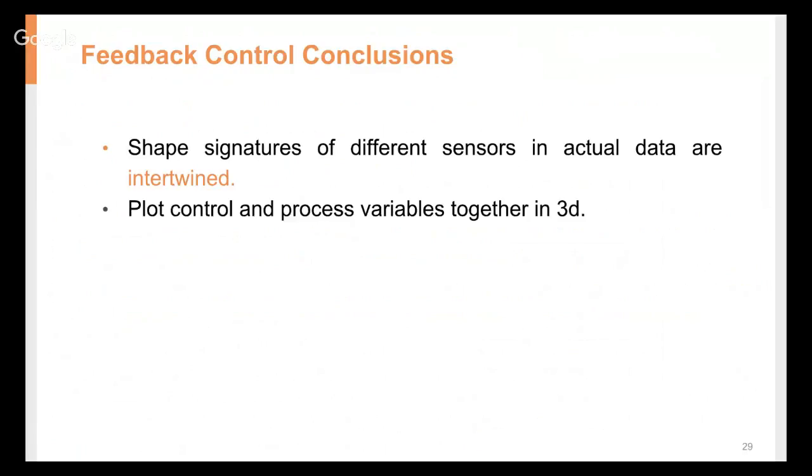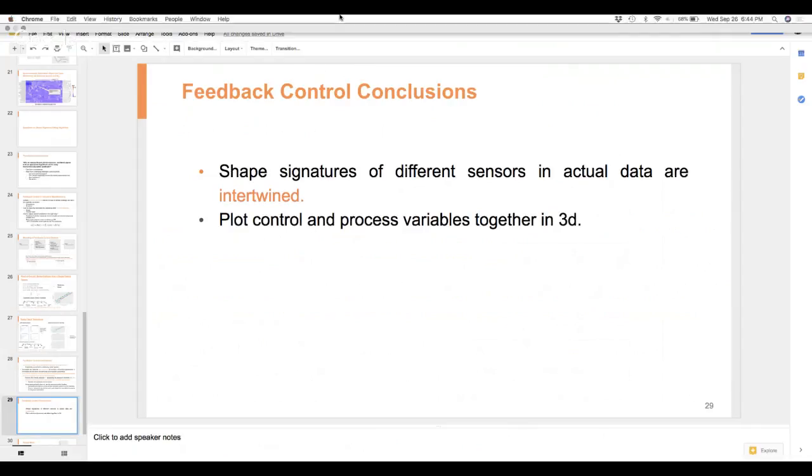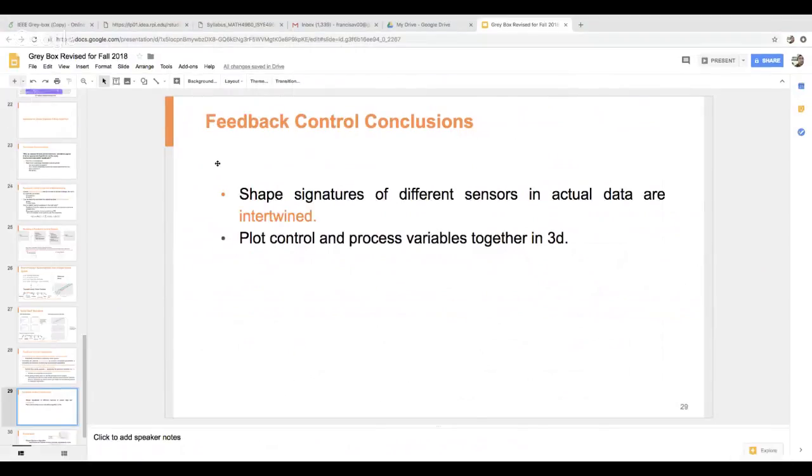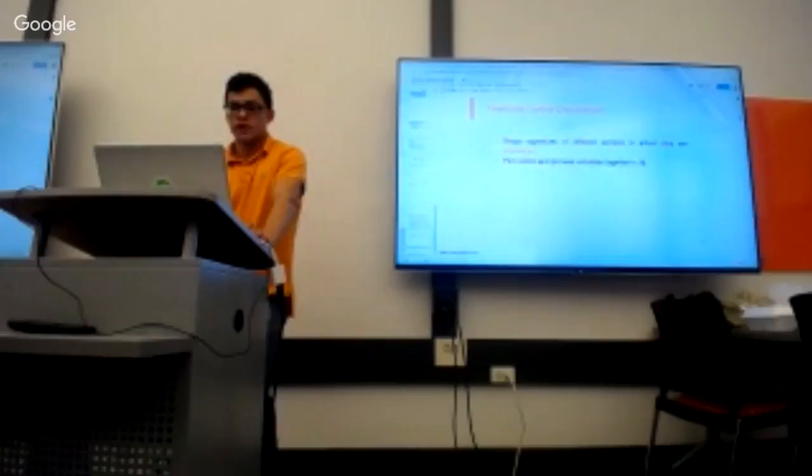So from this whole feedback control inquiry, we've realized that certain variables are coupled, specifically the control variables and the process variables.